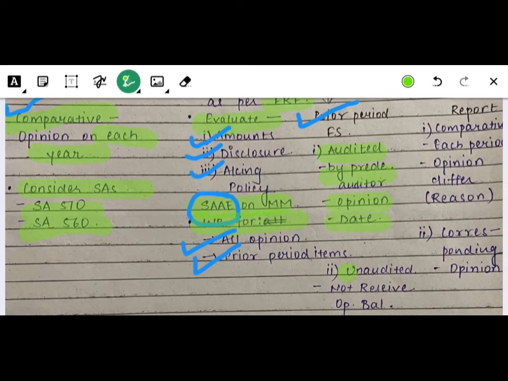And if they are unaudited, then you have to also state the same in your report.